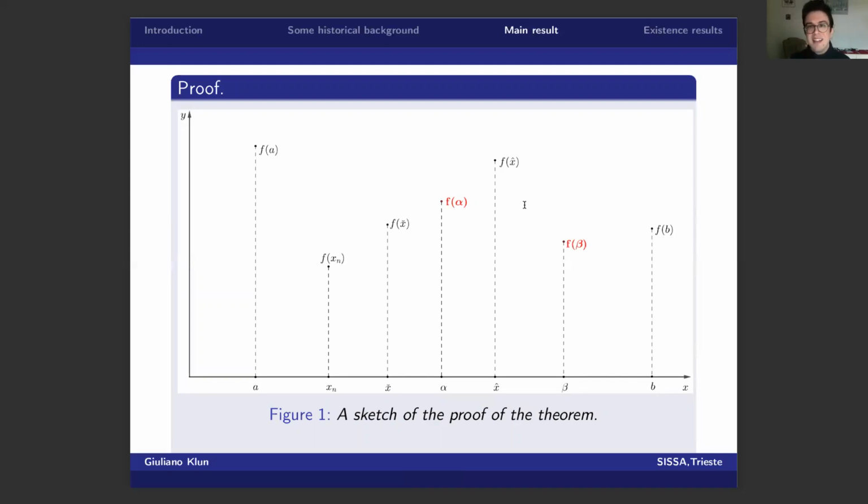But at an internal point of maximum, the Dini derivatives have to satisfy the opposite inequality. So the upper right Dini derivative is less or equal than the lower left. So the function f has to be non-decreasing over the interval [x check, b].